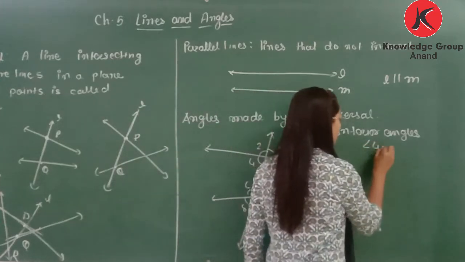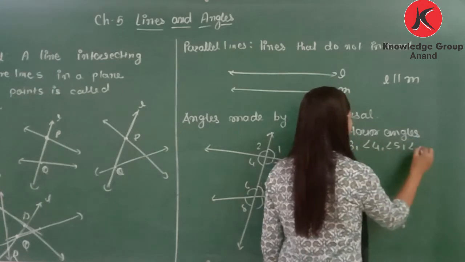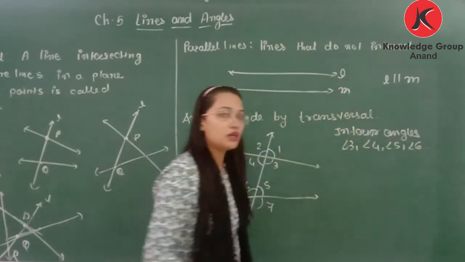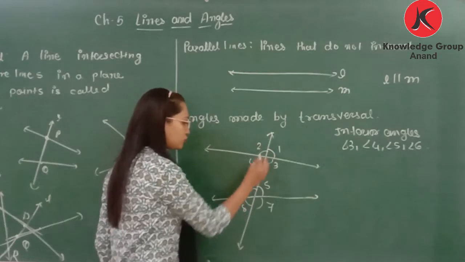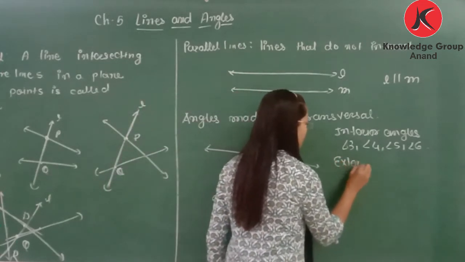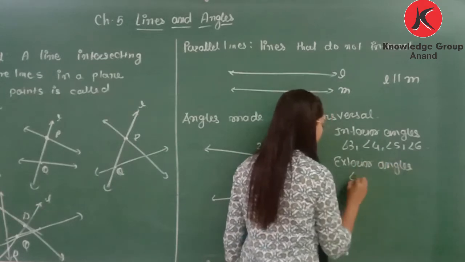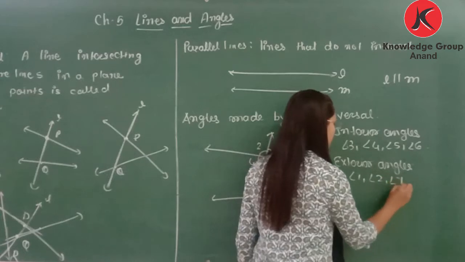So these are called interior angles. Now exterior angles: angle 1, angle 2, angle 7 and angle 8.